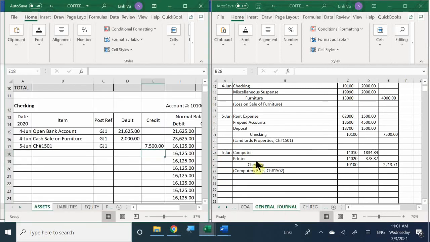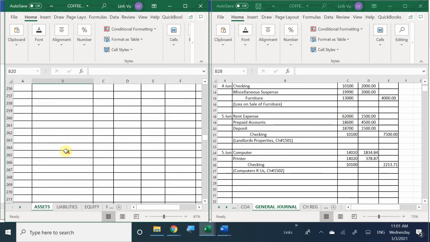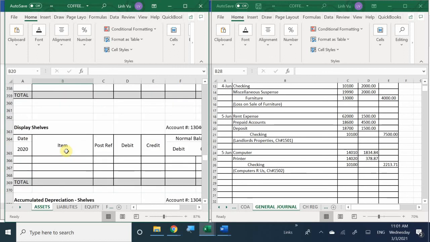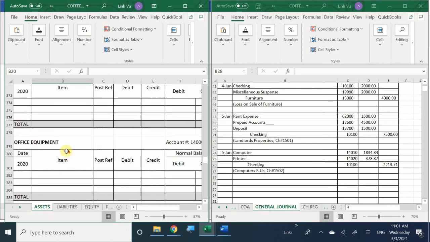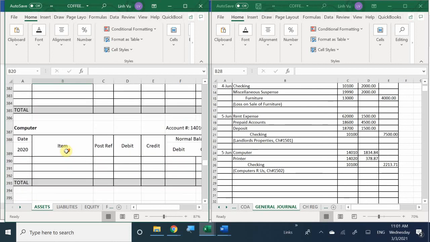First things first, on our journal we bought a computer. So let's go ahead and find our computer first, and then we'll deal with checking very last. Here's my furniture, here's my computer. Again, 6.5, we purchased a computer.